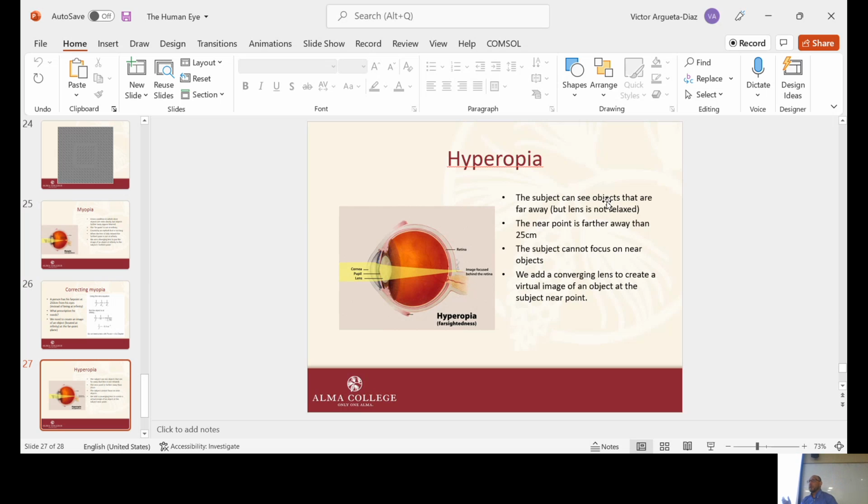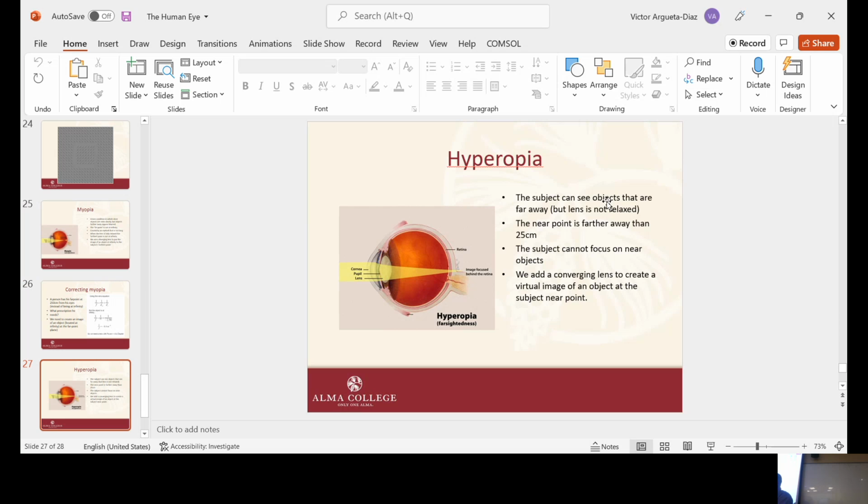Presbyopia is the opposite. Something that should be at a comfortable distance of 25 centimeters looks blurry, and you need to move it away so you can see it. If you have parents or grandparents, you can see that when they try to read something, they are always moving their hands, like, oh crap, my arms are not long enough.